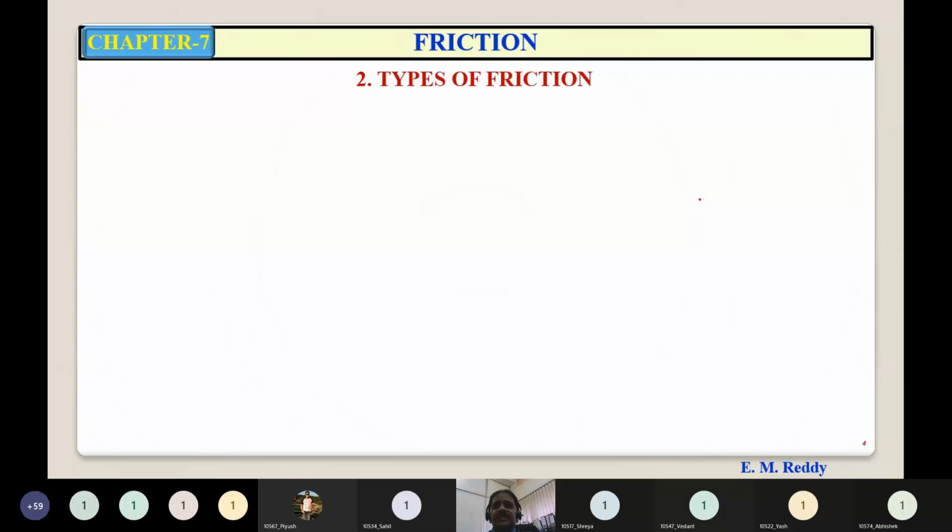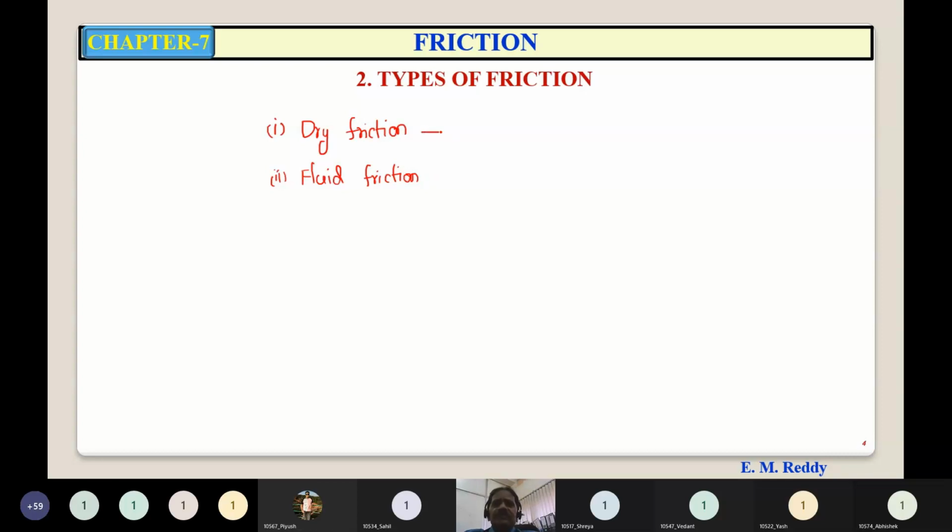Now, what are the different types of friction? Basically, there are two types: dry friction and fluid friction. Dry friction exists between two dry surfaces, or between two solids or two bodies, whereas fluid friction exists between the fluid particles of liquids or gases.